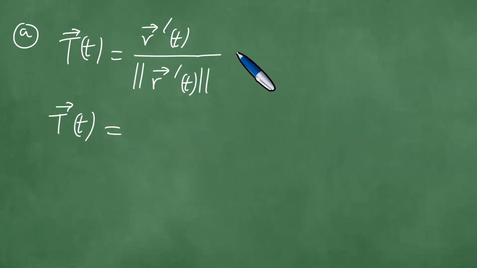Right, obviously, we note a couple of things here: that the vector r prime of t is not 0.